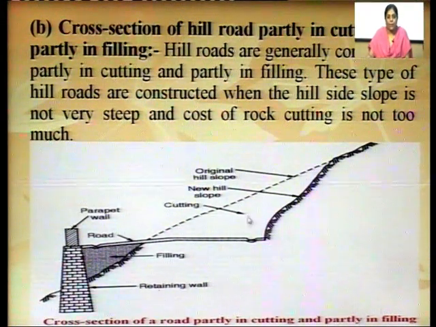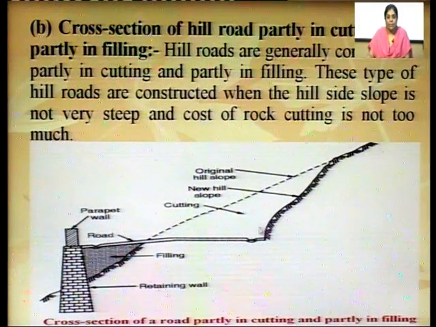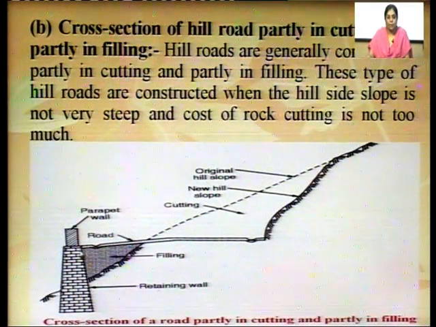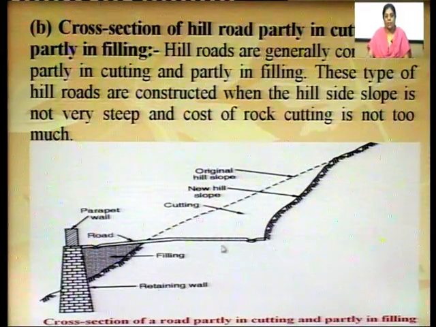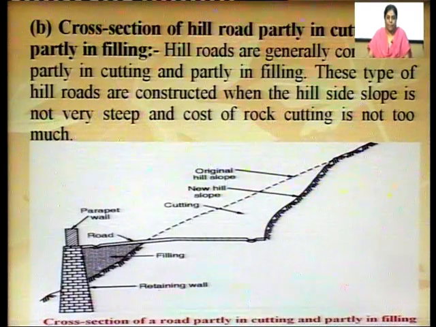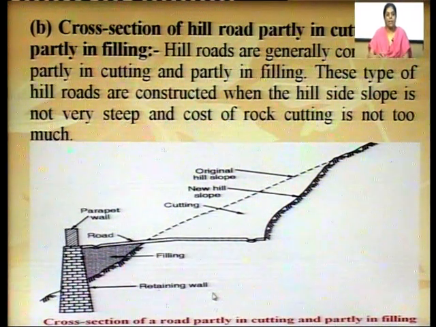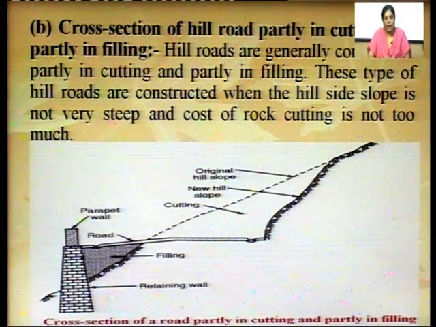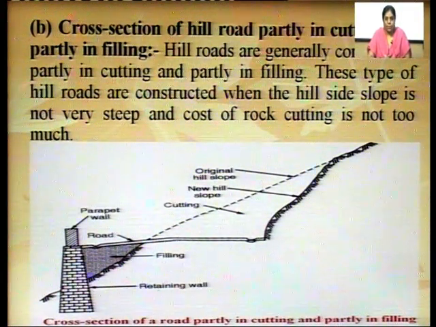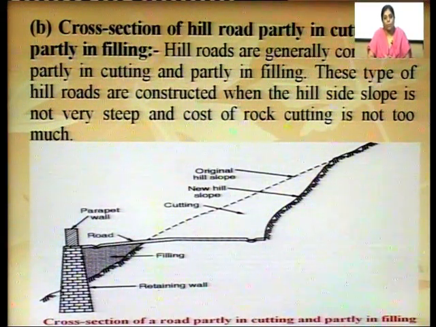So, here this part of the road is constructed partly in cutting and partly in filling. So, hill roads are generally constructed partly in cutting and partly in filling. These types of hill roads are constructed when hillside slope is not very steep and cost of rock cutting is not too much.